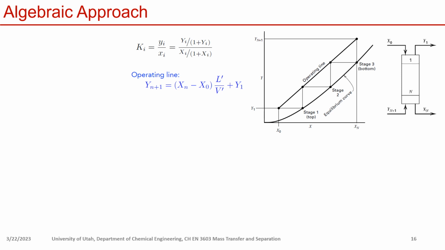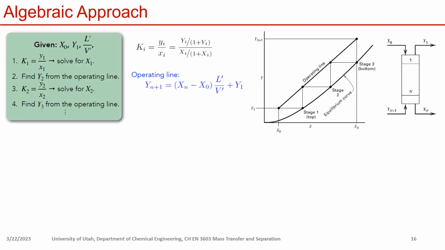So you can also do this algebraically. The way you do this graphical method by computer. So first, we know x0, y1, and L prime over V prime. That's a slope, right? Then from K1 you can solve x1. Then you can find y2 from the operating line, right?